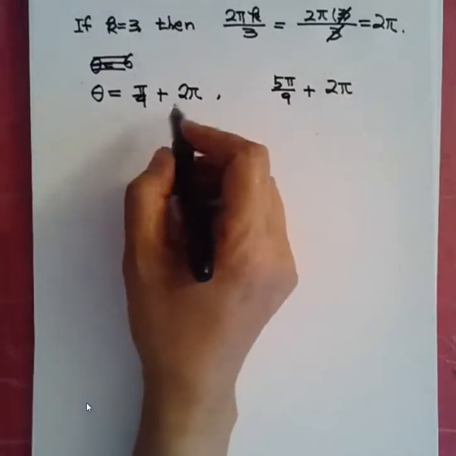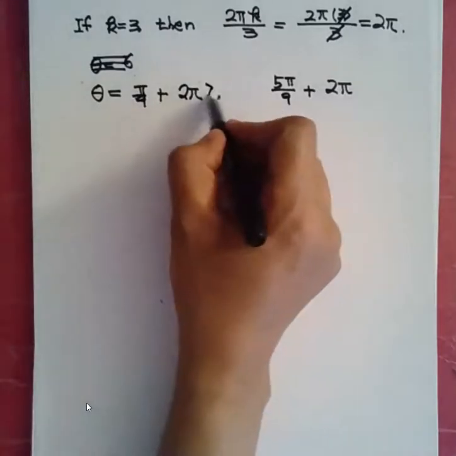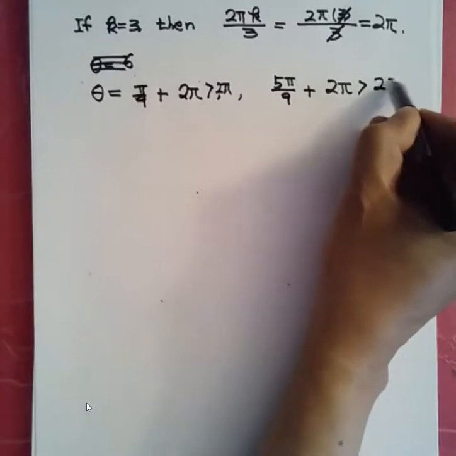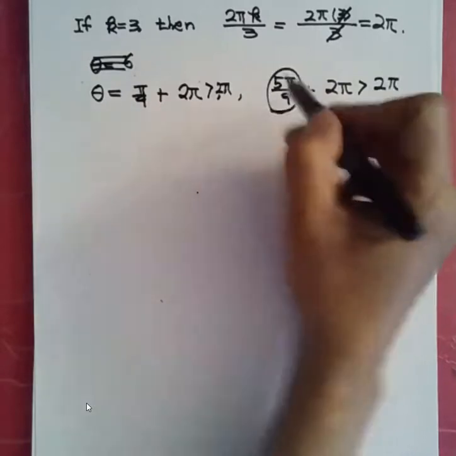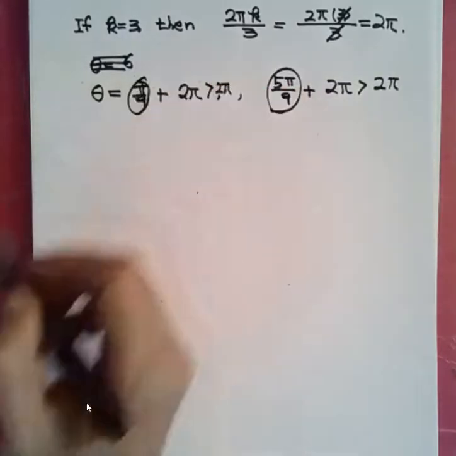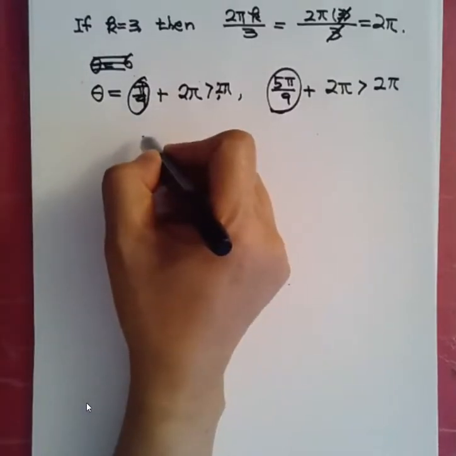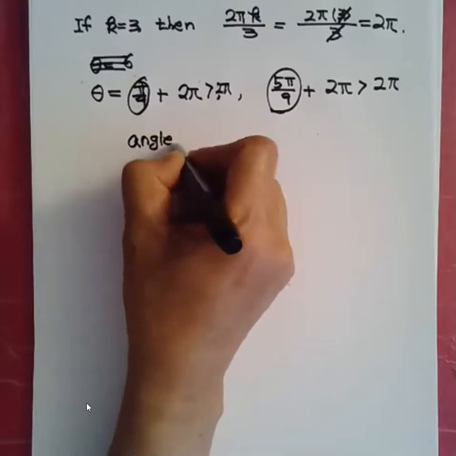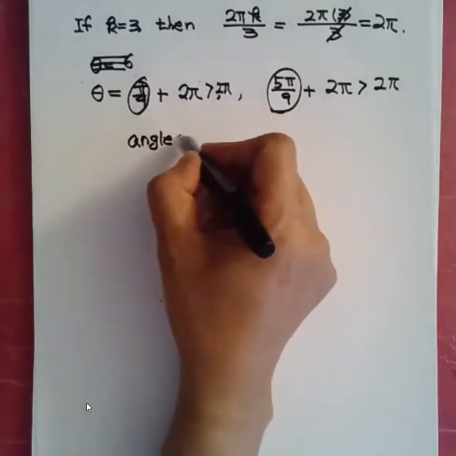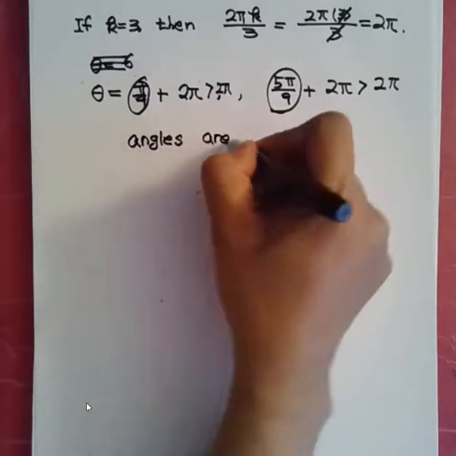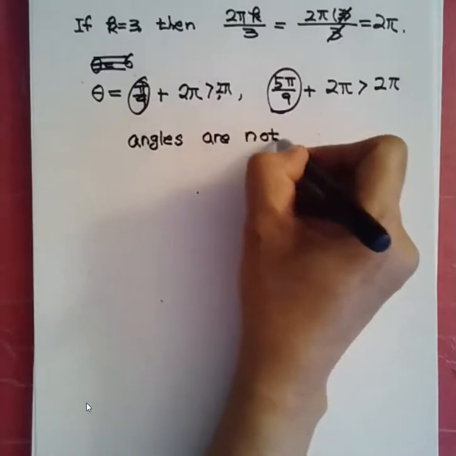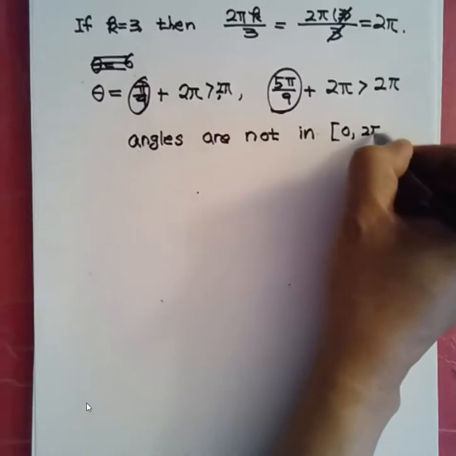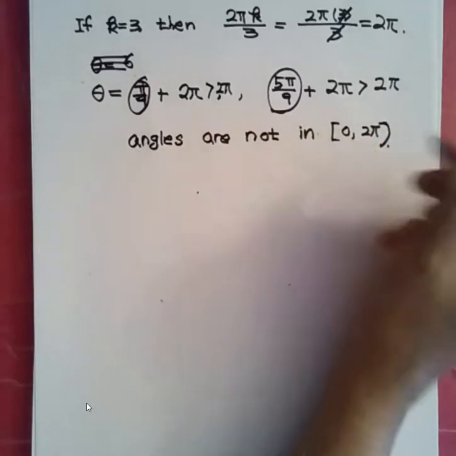Then obviously this is greater than 2 pi, and this will be greater than 2 pi because positive numbers are added. So when k equals 3, angles are not in the range we are considering, the interval 0 to 2 pi.